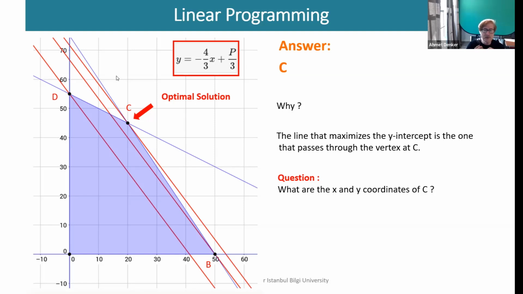How many unknowns do I have? I need to find the X and Y at this point. So I've got two unknowns, but I have also got two equations, the equations of these lines. So I can write two equations and solve them for two unknowns. This is a trivial problem. Therefore, I can now go ahead and figure out the X and Y values, which is actually going to maximize the P.